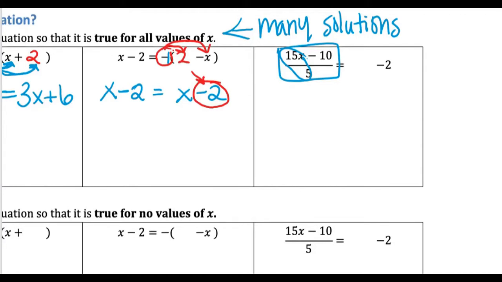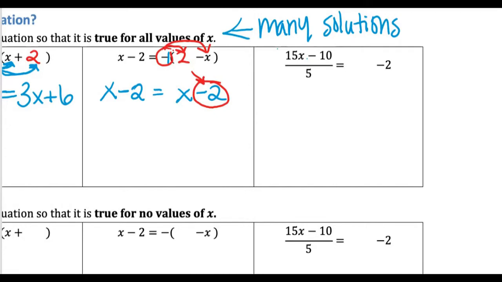Okay. So you could think about this as 15x divided by 5 minus 10 divided by 5. Okay. It's just the way it's written as a fraction. You can assume everything's divided by 5.